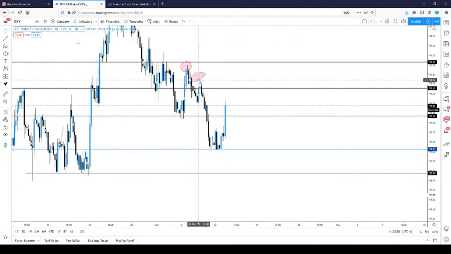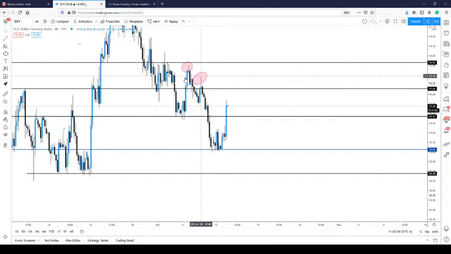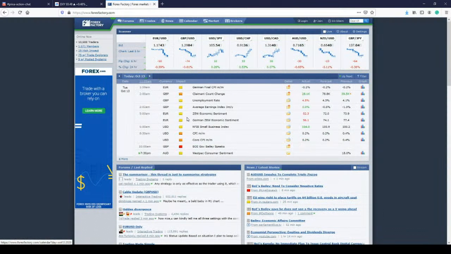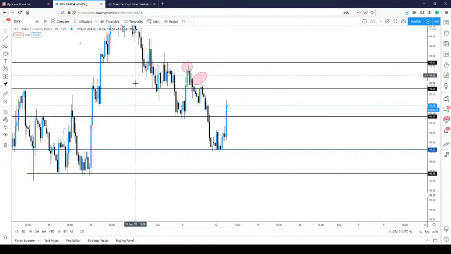There's no news this morning that's going to do any major damage like that. Yesterday was pretty clear. This morning, CPI was nothing special, right on par with the forecast. So I'm not too sure why this move happened, but it happened nonetheless.